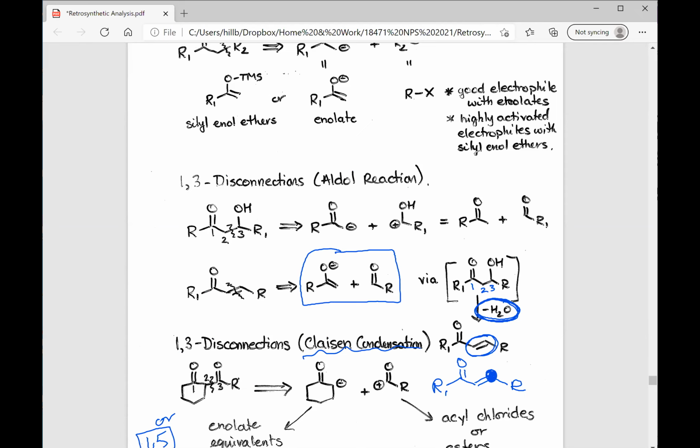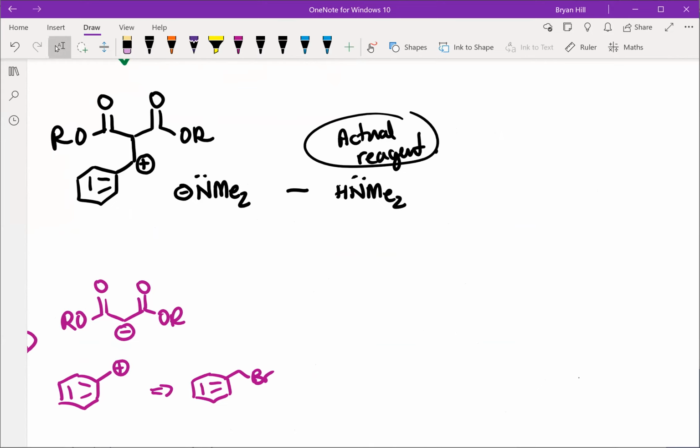So if we have, let's do some resonance structures.